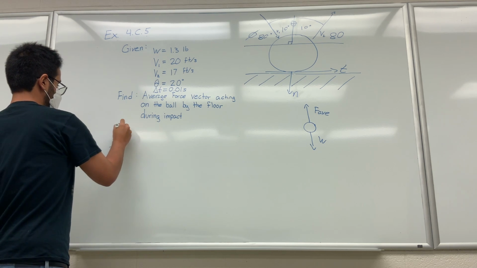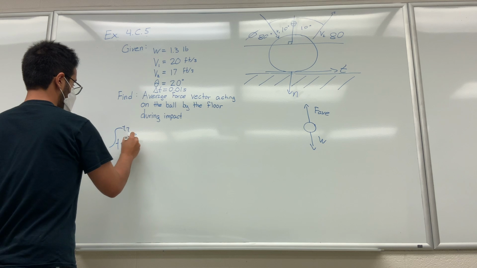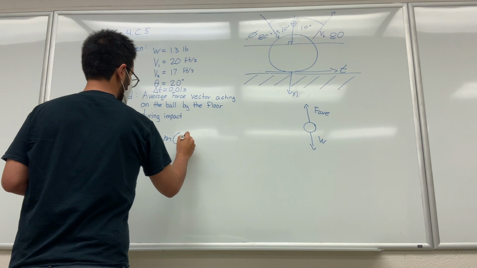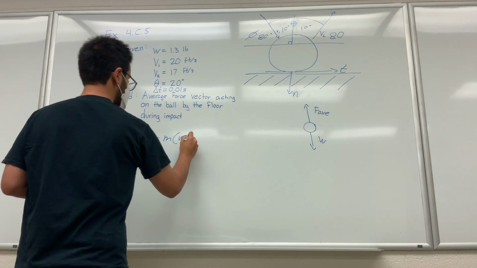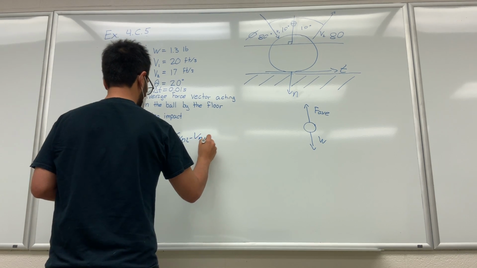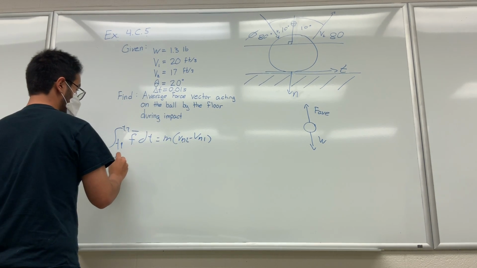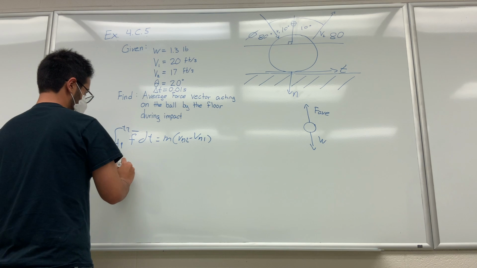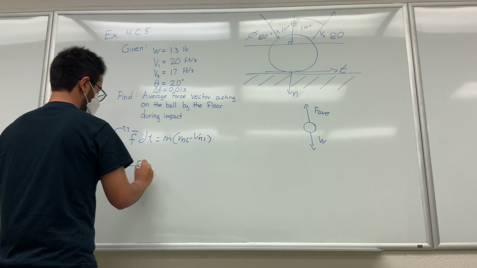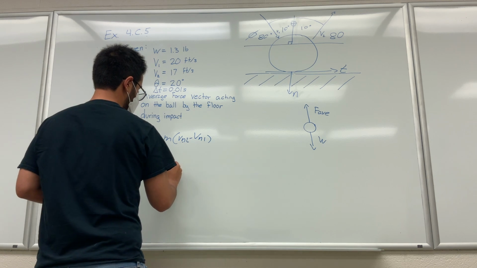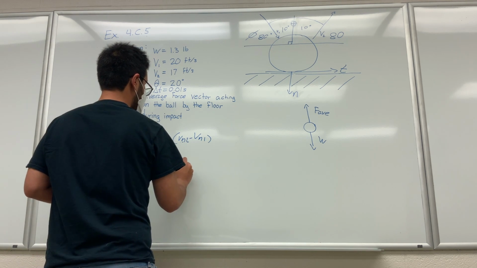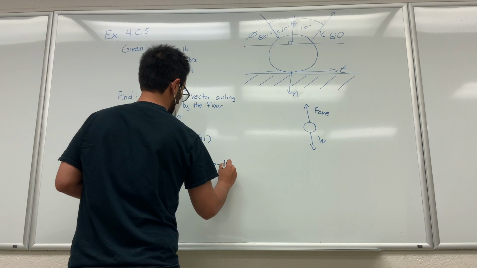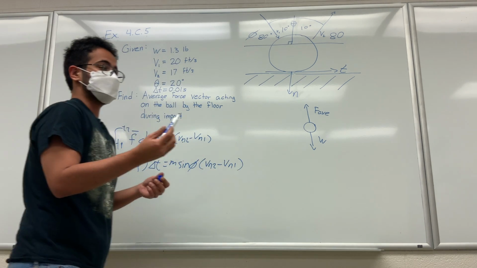So we're going to have t1 to t2 equals mass times v2 in the direction minus v1 in the direction, which is going to give us, because the weight is in the positive direction, positive weight minus the force times delta t equals mass sine phi times v2 minus v1. I'm going to pass this to Mikey.